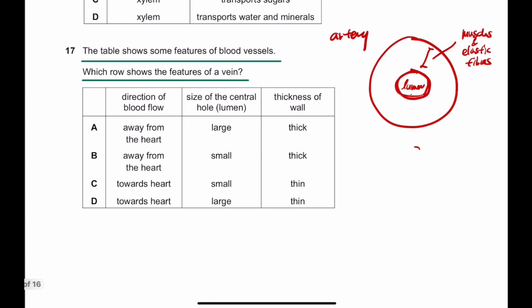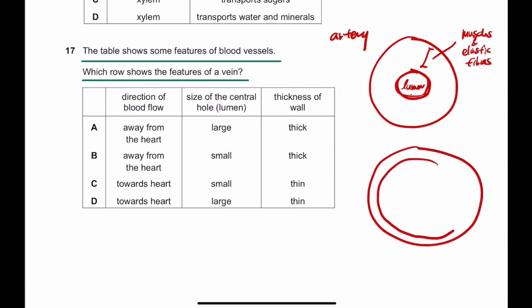But veins are bigger than the arteries. They have thinner walls, and they have bigger lumen. Since they have bigger lumen, their pressure is lower, so they don't have to withstand that much pressure. That's why the walls are quite thin.